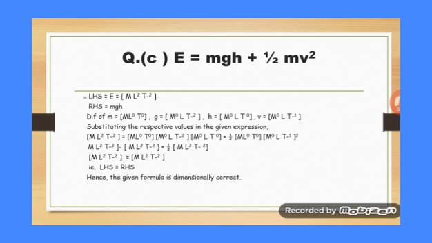According to the principle of homogeneity, you can see that on both sides of the equation the dimensions are the same, that is ML²T⁻², and on the right hand side it is also ML²T⁻². LHS equals RHS, hence the given formula is dimensionally correct. In this way, you can solve other examples by substituting the dimensional formula, and you can check whether the given formula is correct or not.